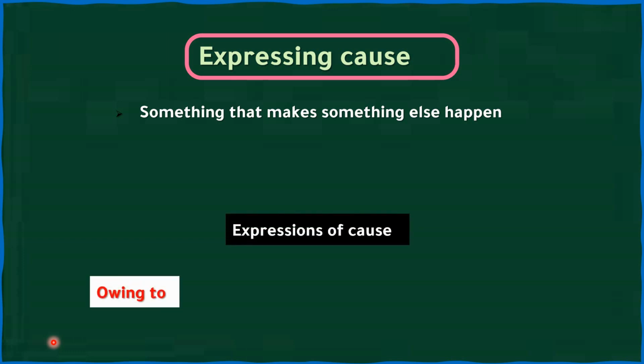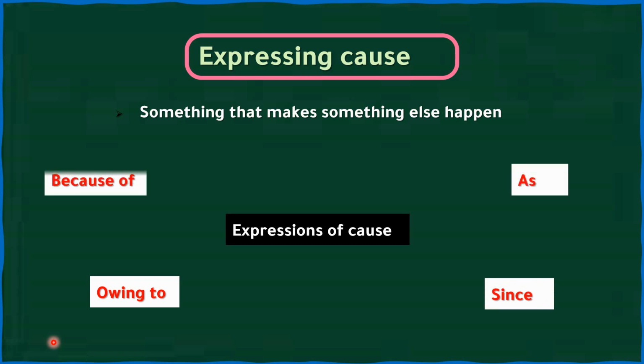Okay? So what are the expressions of cause? The first is owing to. Look at here, owing to. The second one is since. The third one, as. And because of. So these are some expressions of cause.